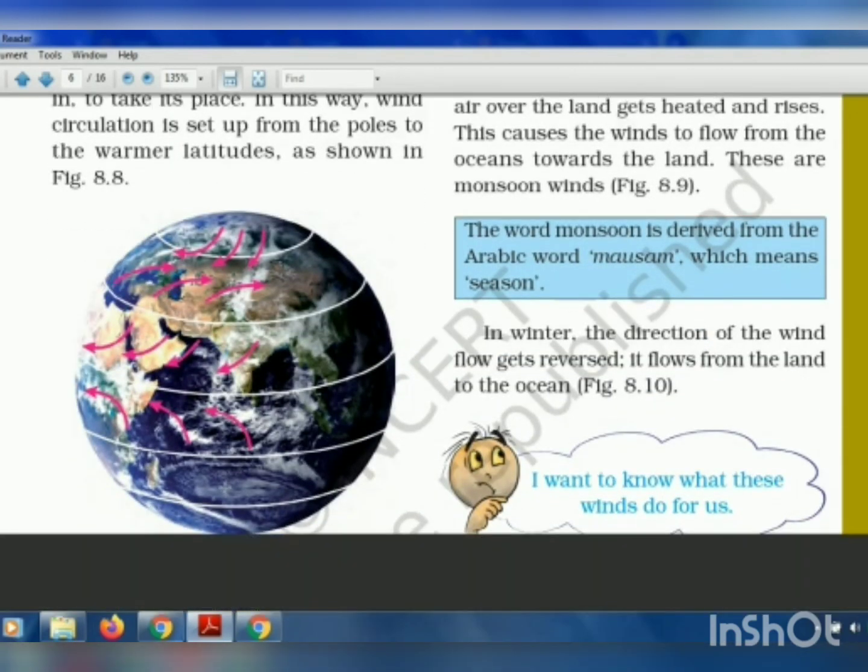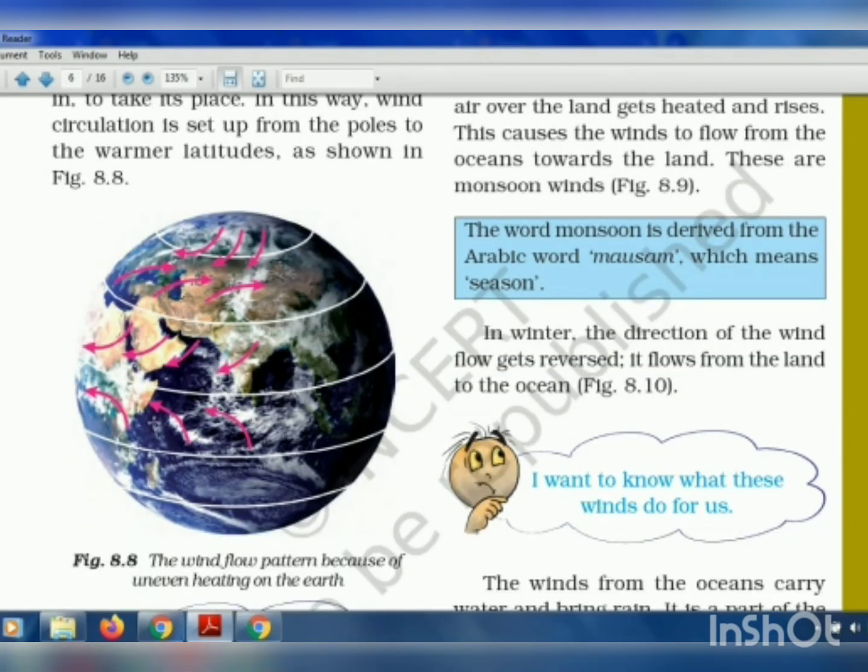This has been shown in this figure, how the air is moving from the equator to the poles, from the poles to the equator, and because of this there is a flow of air, which is due to the uneven heating, means not the same amount of heating on all parts of the earth's surface.